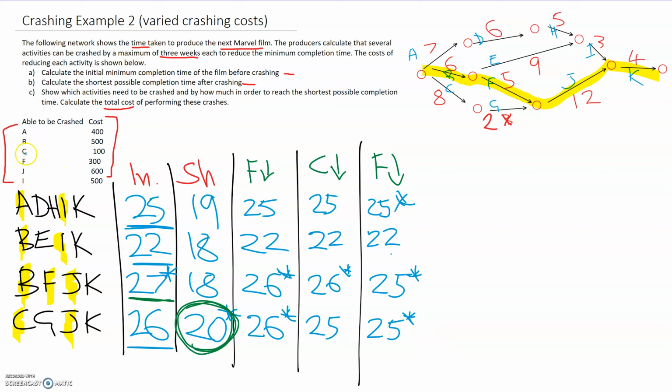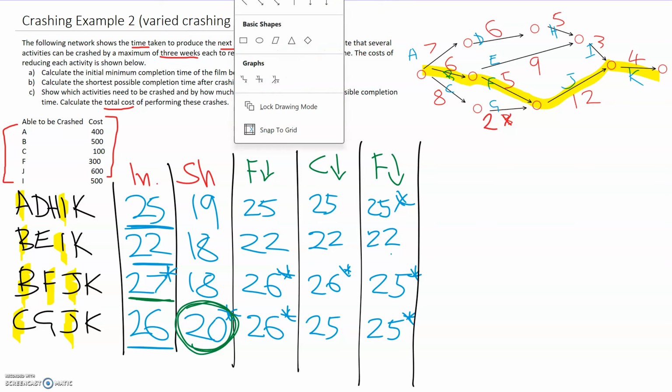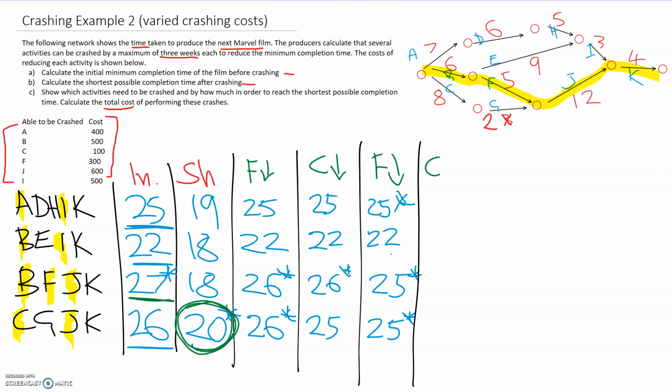So C is the cheapest, 100. So let's crash C one more time. So that's only changing the last path. 25, 22, 25, 24.